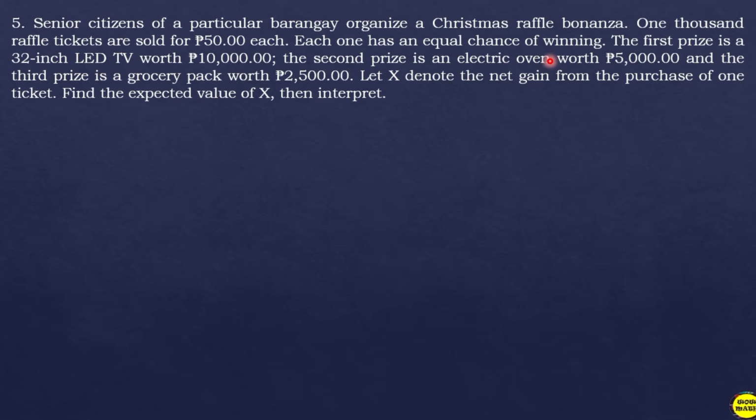So, the first prize is a 32 inches LED TV worth 10,000. The second prize is an electric oven worth 5,000 and the third prize is a grocery pack worth 2,500. So, let X denote the net gain from the purchase of one ticket. So, find the expected value of X, then interpret.